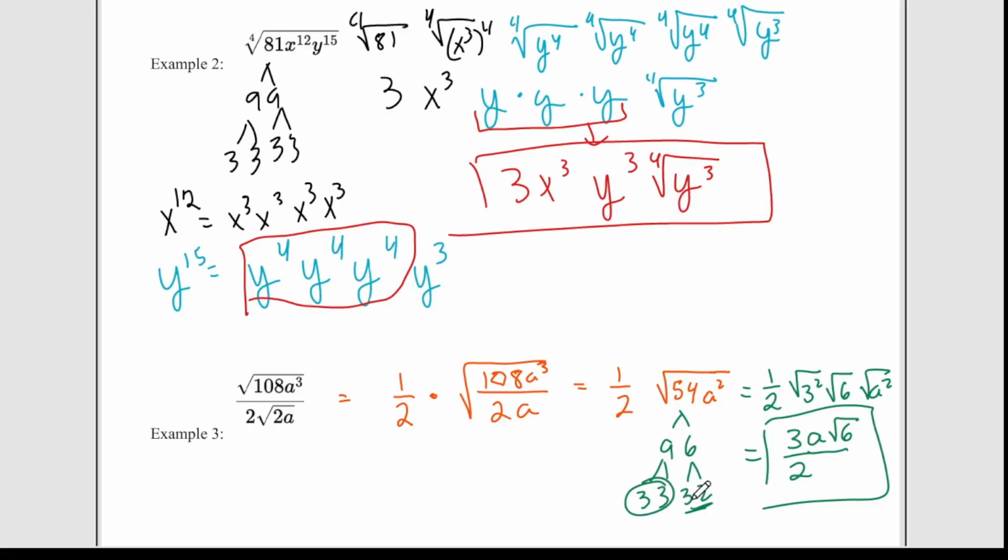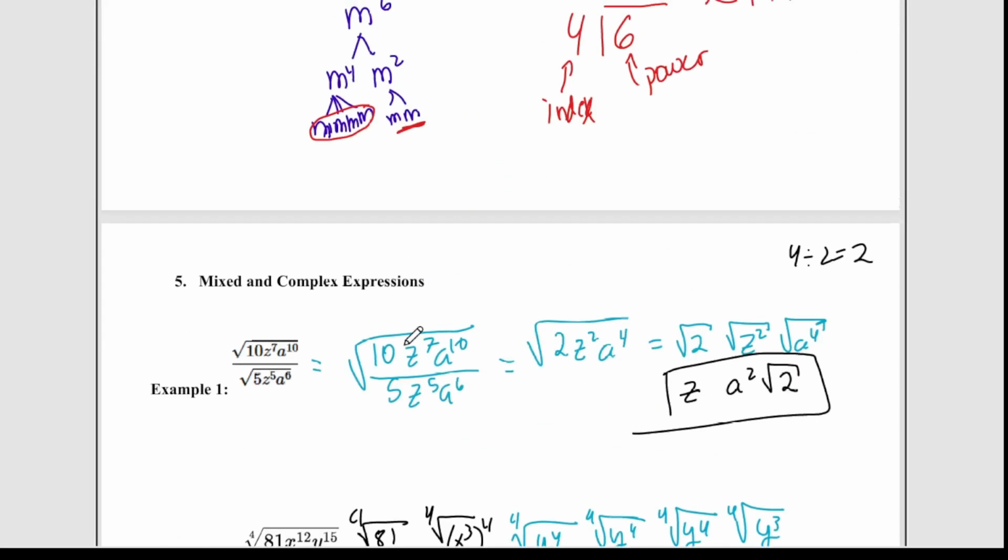So for example, in example 3, when I was looking for groups of 2 because it was a square root, we had a 3 times 3, great, that will end up being able to be broken out front, but that remaining 3 times 2 that wasn't paired with anything is going to go underneath. And if your factor trees get long, it can be helpful to cancel out those middle steps of the factor tree so that you don't end up confusing it with the ultimate factors that are in there.